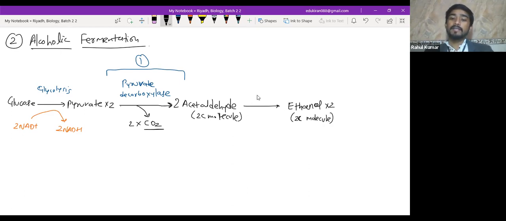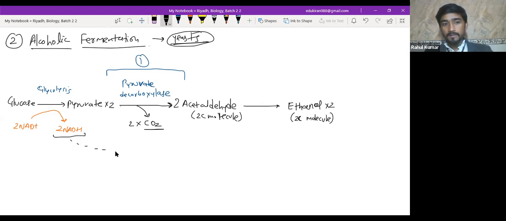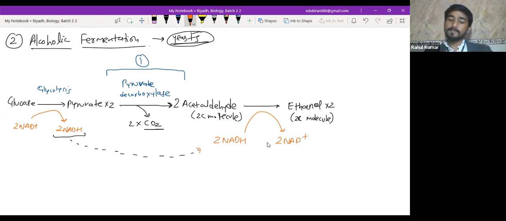So what we have done, we have converted an aldehyde to ethanol, and in this process, remember this NADH which we got from glucose, since this is happening in yeasts, since yeasts cannot enter into Krebs cycle, what instead they can do is this 2 NADH that they used, they will bring it here, and in the second step, these 2 NADH will enter and leave as 2 NAD plus, correct?